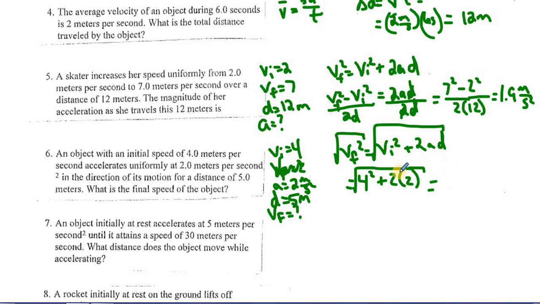I'm sorry, it's 2 times the acceleration times the distance, so it should be times 5 here as well. Okay, so 2 times 2 is 4, 4 times 5 is 20, 20 plus 16 is 36, square root of 36 is 6 meters per second. Okay, so that's our final answer. All right, next one.